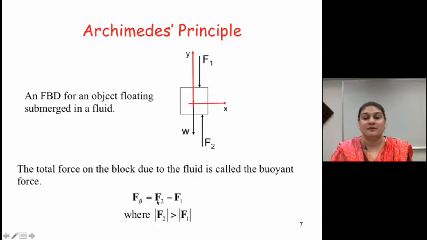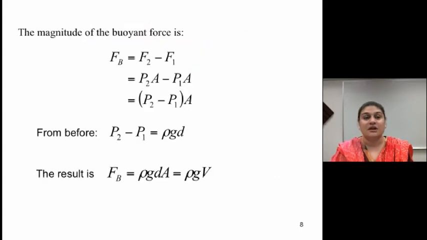The buoyant force will be equal to F2 minus F1, where F2 has to be greater than F1 in order for anything to keep afloat. So the magnitude of the buoyant force will be given by this expression here, F2 minus F1.